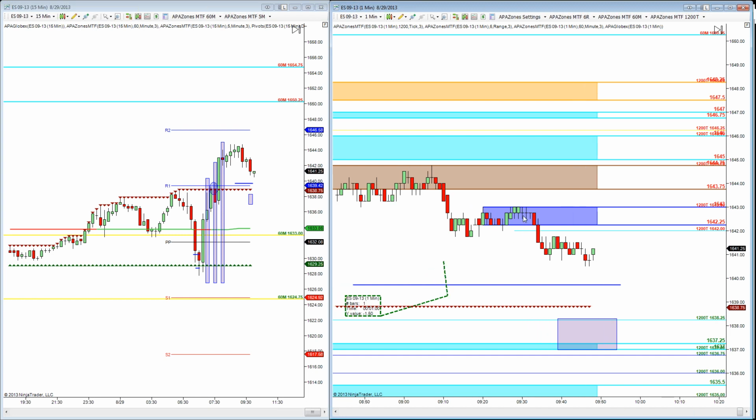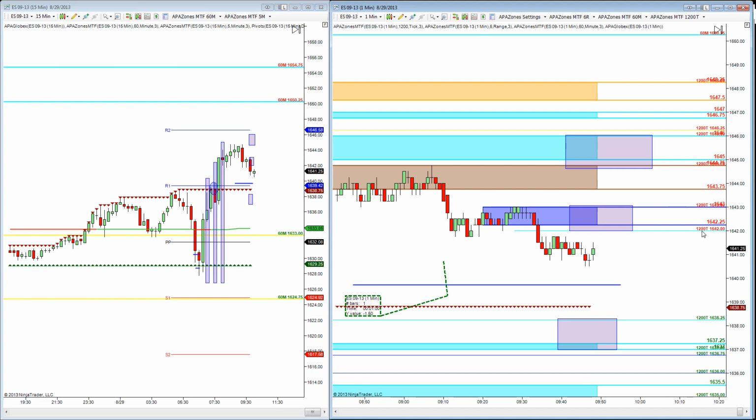Okay. You will also notice to the upside, just to make this a little bit easier for you guys to see, there's a 1200 tick right there. Here is a 1200 tick going from that area up to that area.